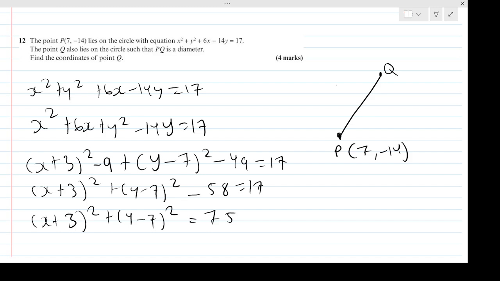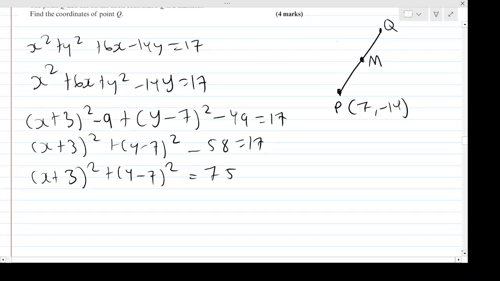In this case, let's have a look. Well, we are told that PQ is a diameter. Now, again, what do we know? If it's a diameter, think back to the earlier examples: the halfway point, the midpoint, is also the centre. But we know what the centre is, because we just worked out the equation of the circle.